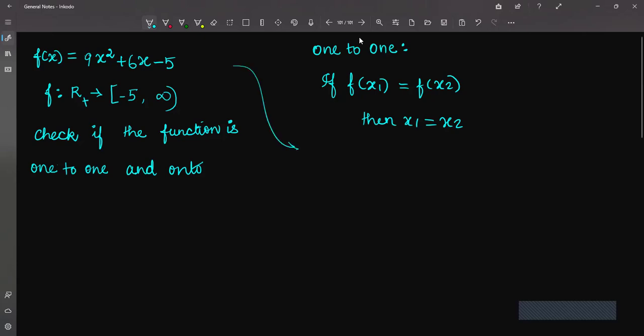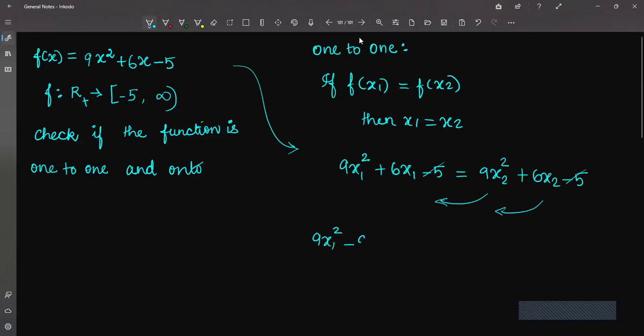Now in this question, 9x1 square plus 6x1 minus 5, if this is equal to 9x2 square plus 6x2 minus 5, the minus 5 on both sides gets cancelled. I'm going to bring all the terms together onto the left hand side. 9x1 square minus 9x2 square plus 6x1 minus 6x2 is equal to 0.